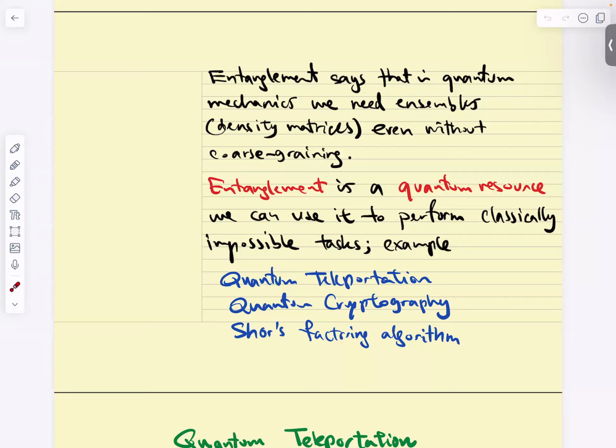You could do Shor's factoring algorithm, one of the first algorithms that showed that you could solve math problems with an efficiency that's classically impossible, right? You use entanglement to do things faster. And can you guess how factoring is related to cryptography?